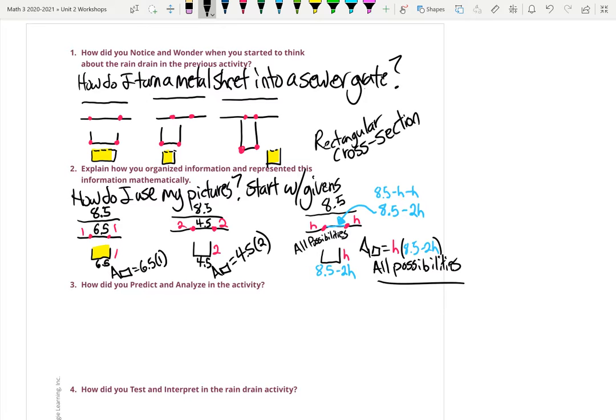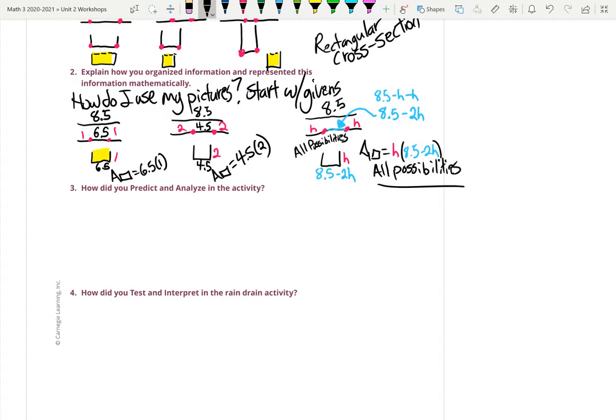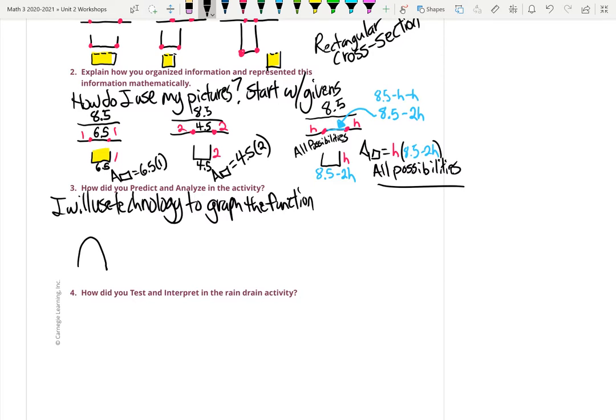So I'm going to predict and analyze. What I'm going to do is I will use technology to graph the function. And it's going to reveal something that looks like so.